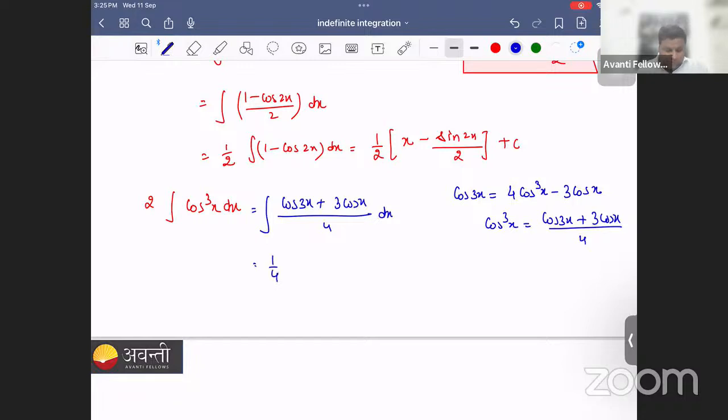Now it is 1/4 integration of cos 3x is sin 3x upon 3 plus 3 times integration of cos x is sin x plus constant. Got it? Am I clear?